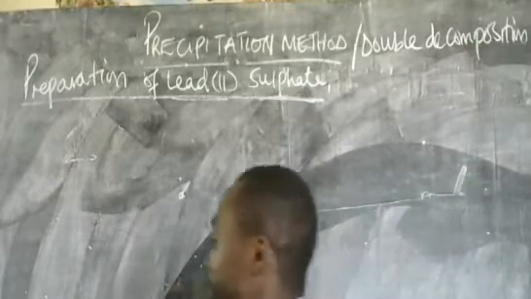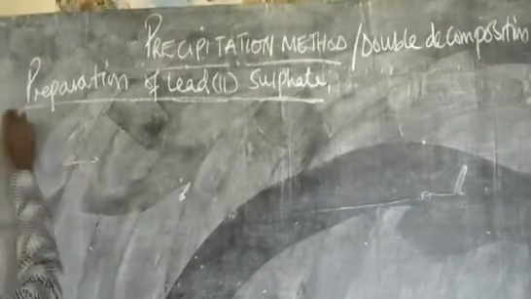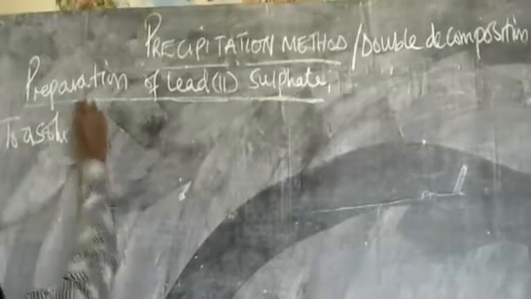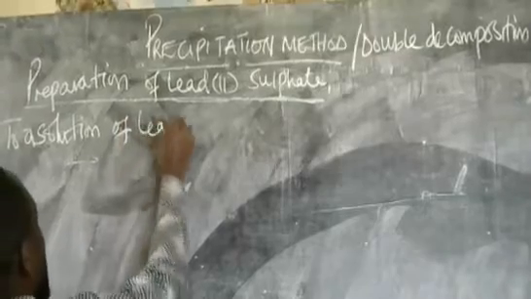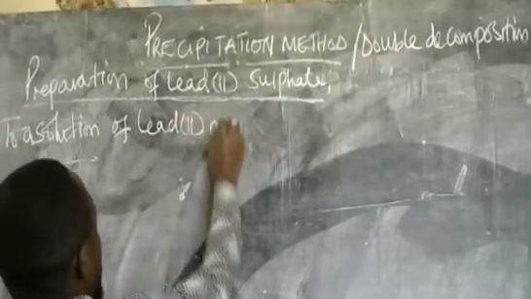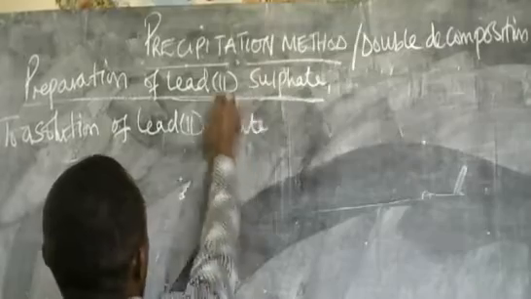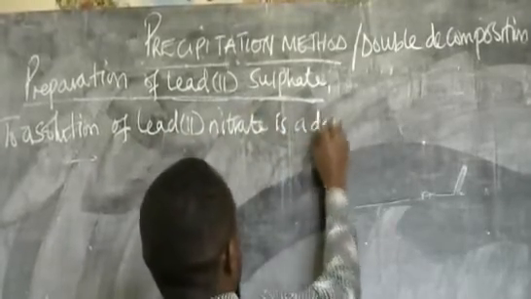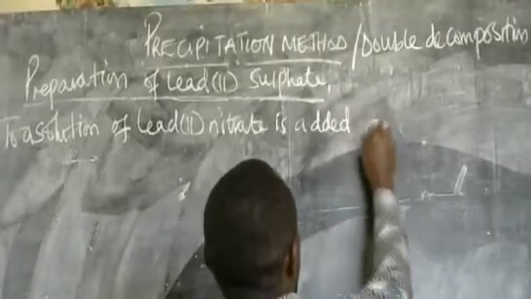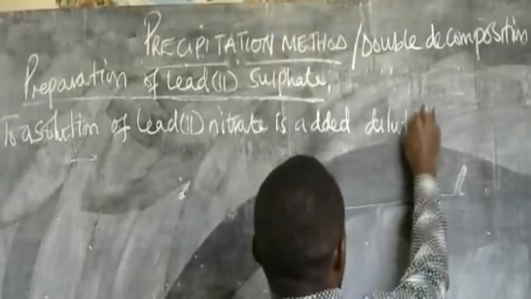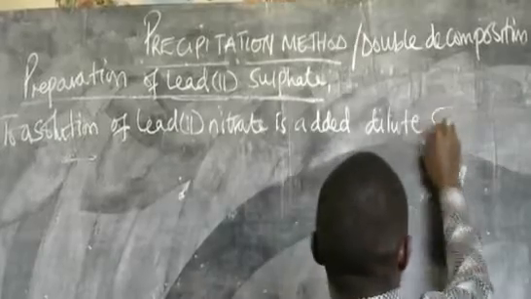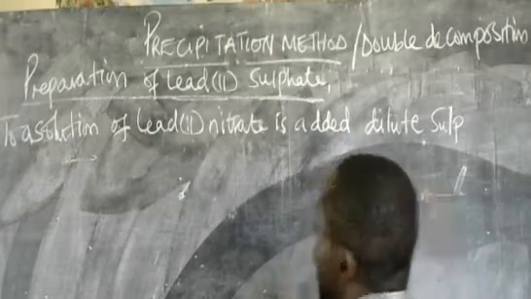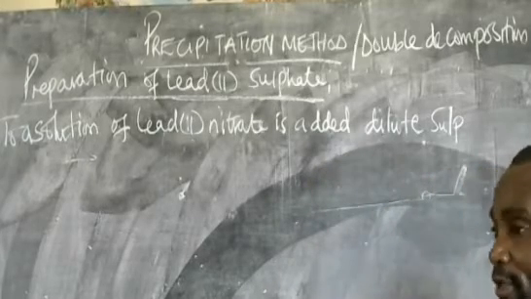For instance, to a solution of lead 2 nitrate is added dilute sulfuric acid. We cannot measure quantities, but as long as you simply get these solutions and mix them.